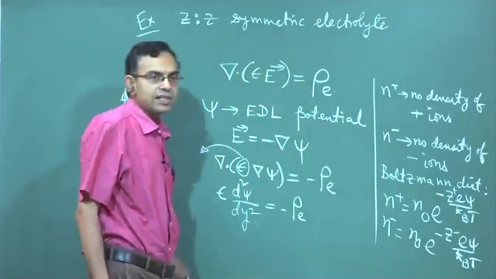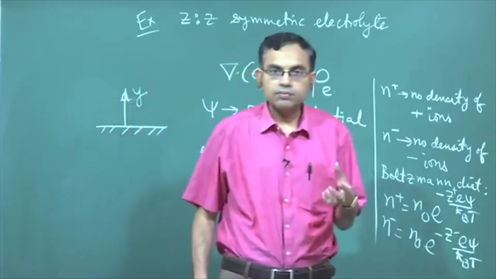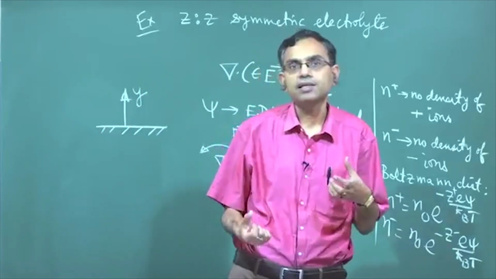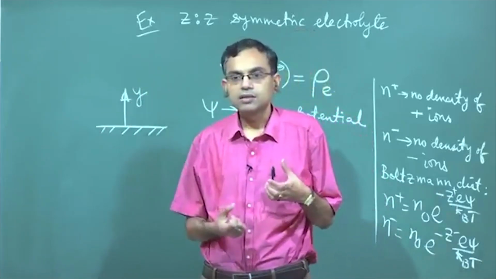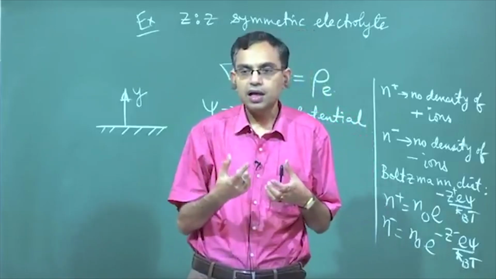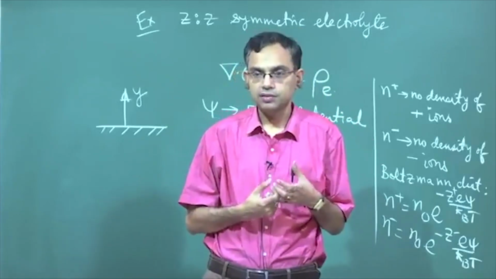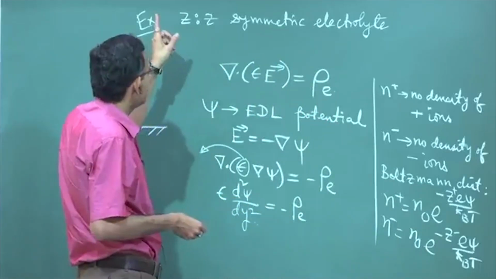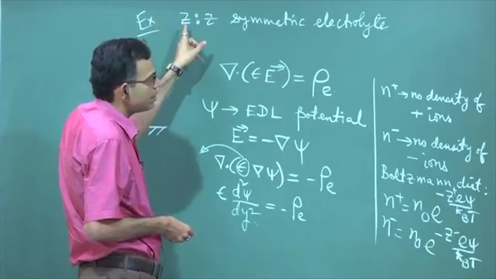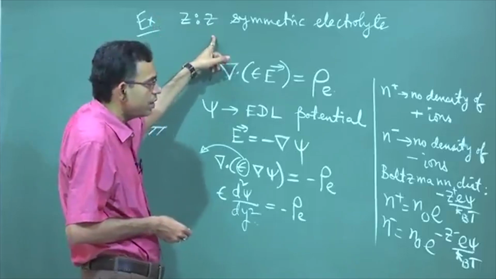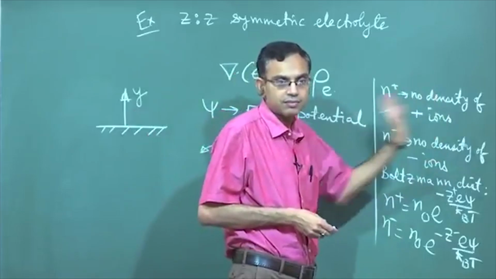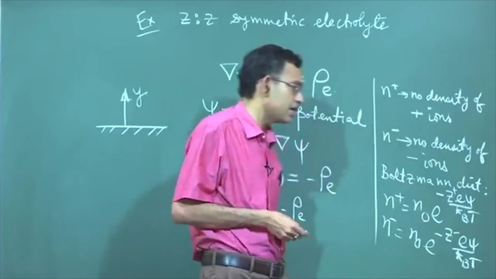If you take NaCl, when it breaks up into Na plus and Cl minus, then Z plus is 1 and Z minus is minus 1. So, Z is to Z means whatever is the valency of the positive ion, the same is the valency of the negative ion, but you have to give a minus sign to take into account that the other ion has opposite charge.